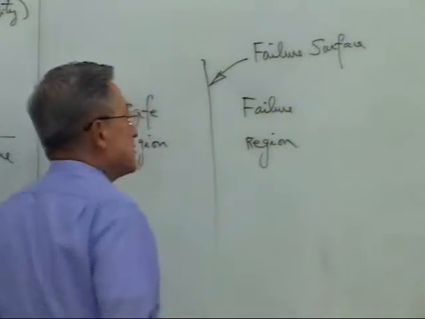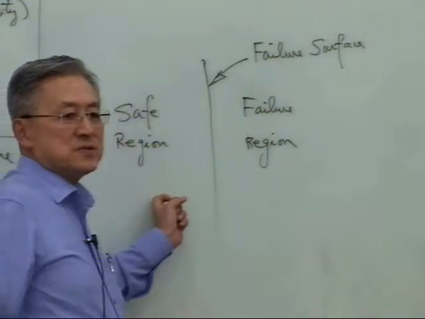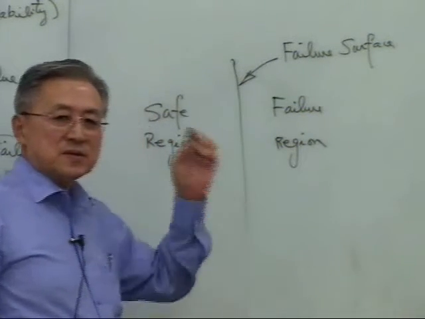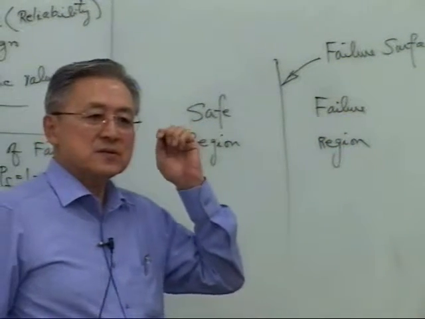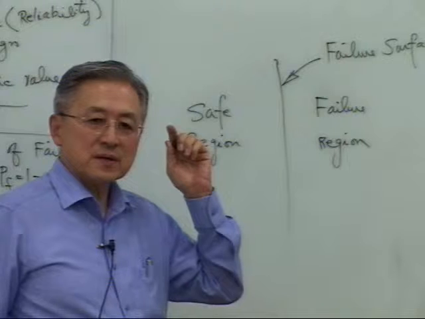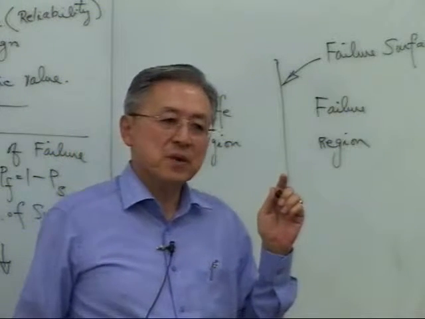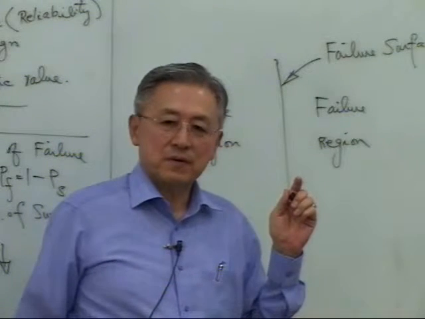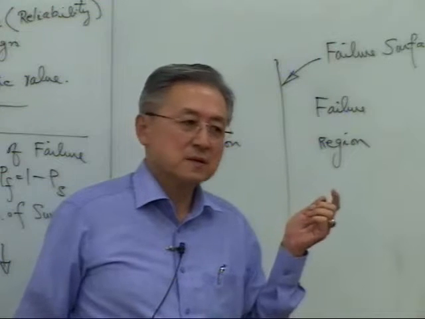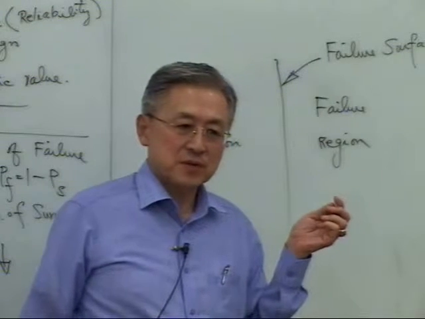If your design falls here in this region, of course you can visualize 2D. 2D is formed by two random variables, something like a load and the strength.